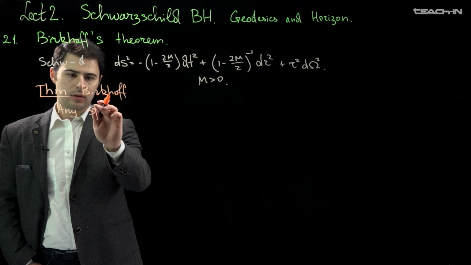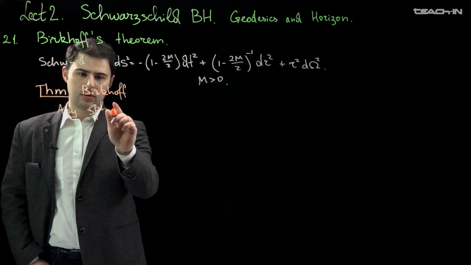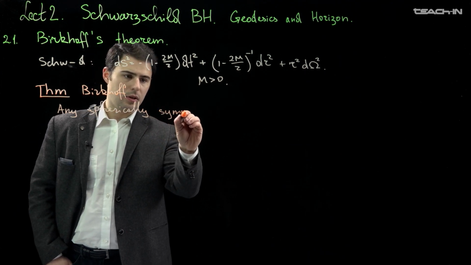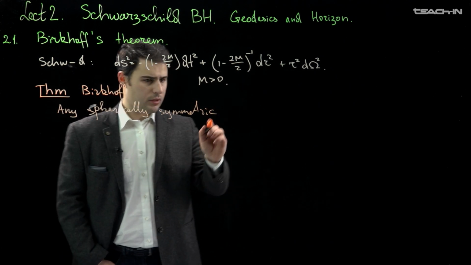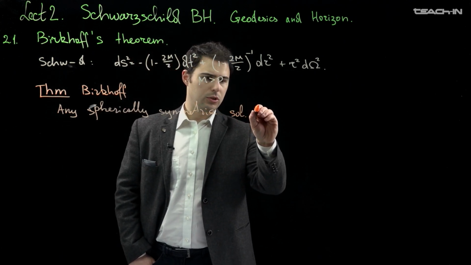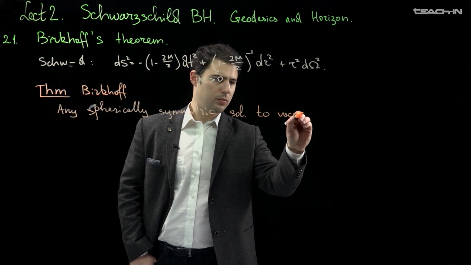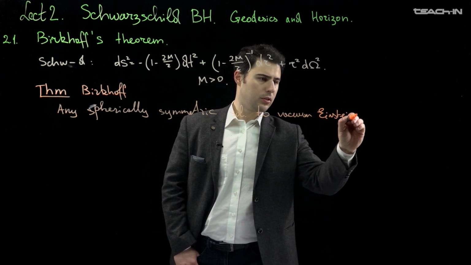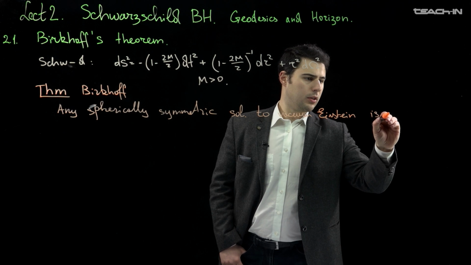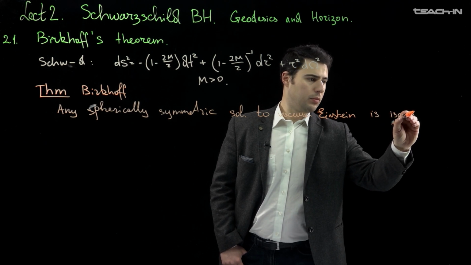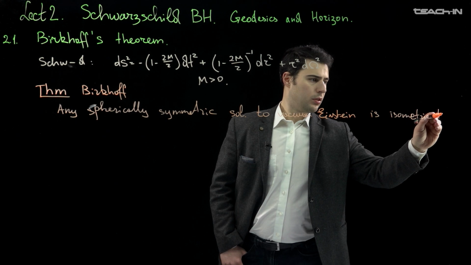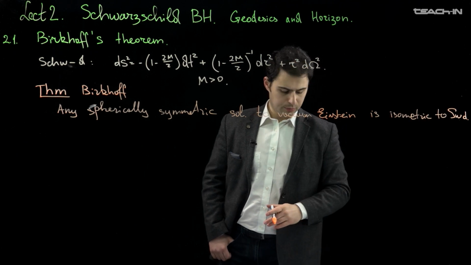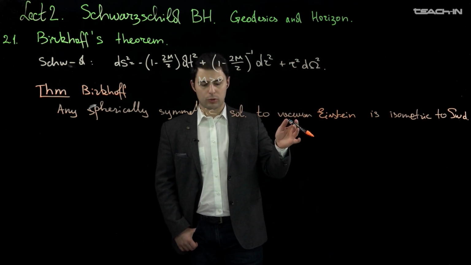So any spherically symmetric solution to the vacuum Einstein equations is isometric to the Schwarzschild solution.